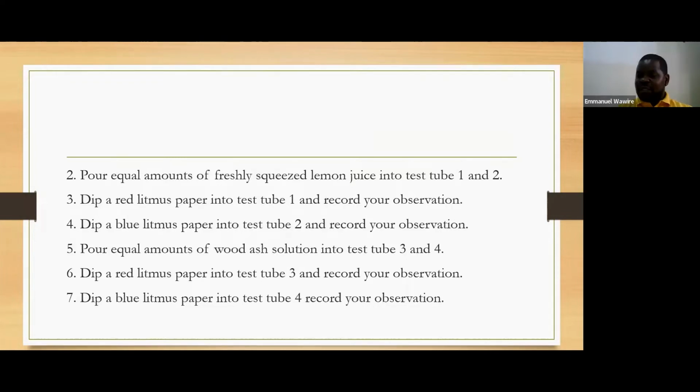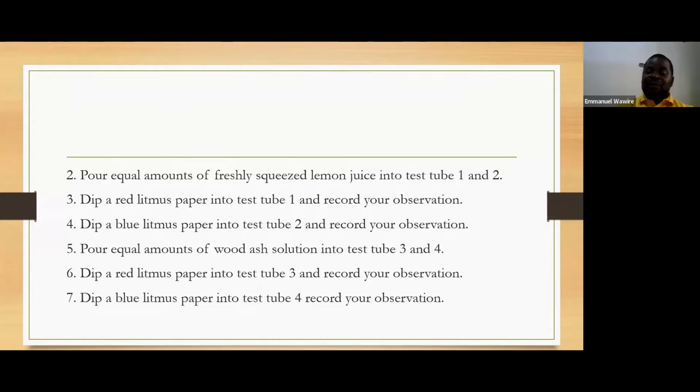Clear instructions, one at a time. So they are working on test tube 1 first, and then they observe, and then they record. In my next slide, you will see the table where they're going to record. Because if you give them many activities at once, they'll have issues in the recording and they can easily confuse. So let the learners handle each of the test tubes separately, one at a time.